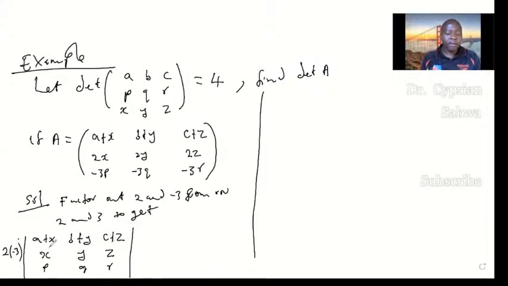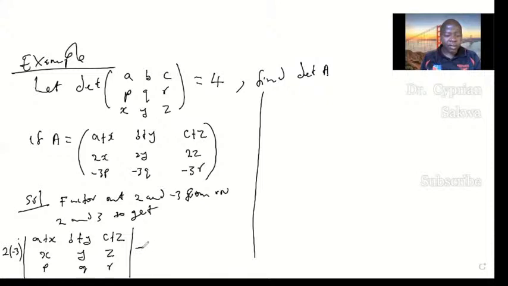Now, we've seen that adding a row to another row or subtracting a row from a row does not have impact on the determinant. So the determinant remains the same.